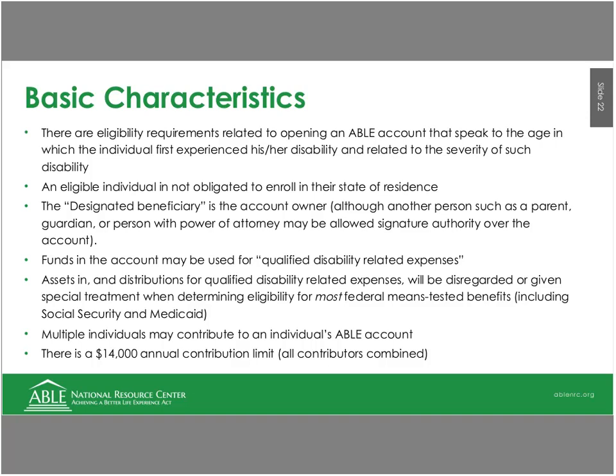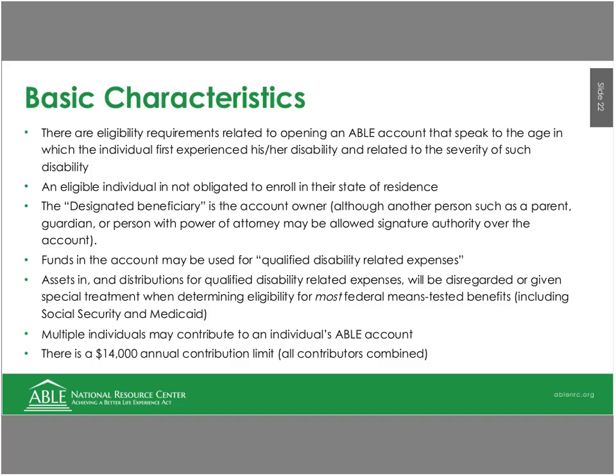It's important to note that the designated beneficiary is the account owner, and that's very important to make sure that people with disabilities who are ABLE account owners can exercise as much independence over the finances and the funds in the account as possible. That being said, there are other people who could have what's called signature authority, or exercise authority over the account on behalf of the account owner, if that person doesn't have the capacity to oversee their account or if they would like to have somebody else help them.